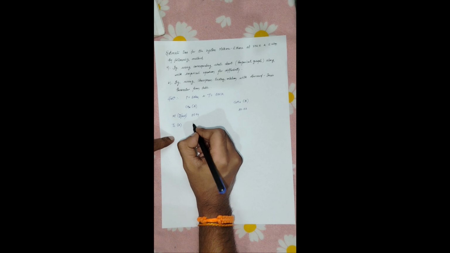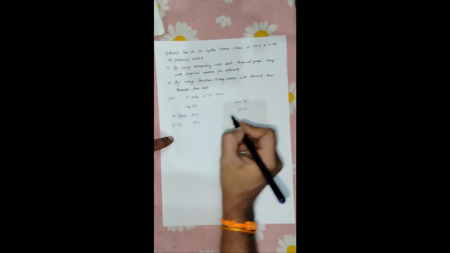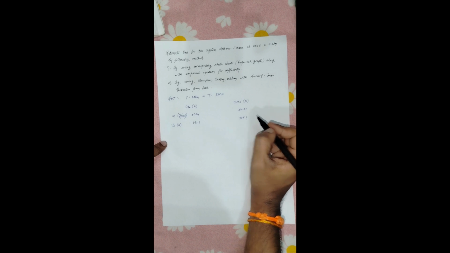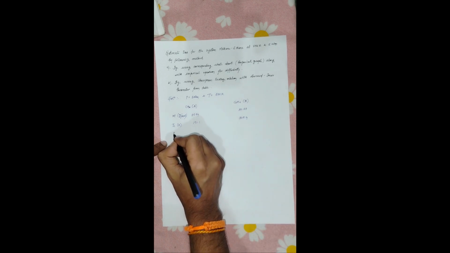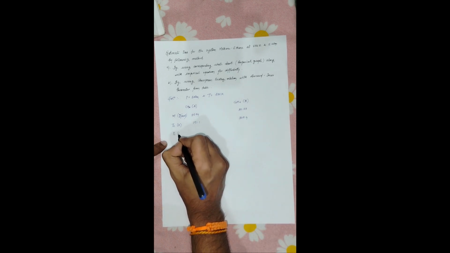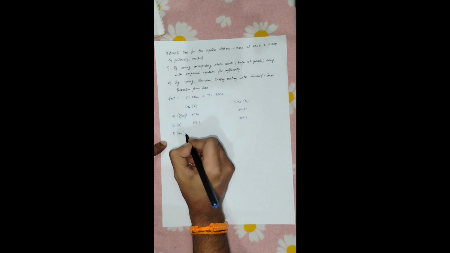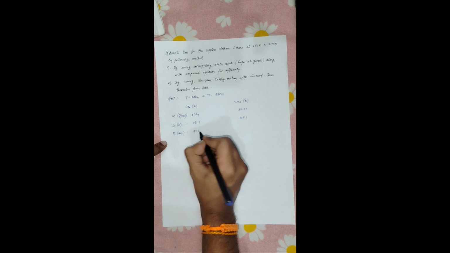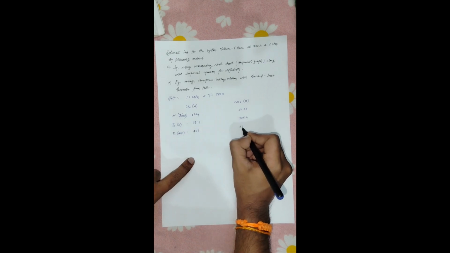For methane, it is 191.1 Kelvin, and for ethane, it is 305.4. And the critical pressures are 45.8 and 48.2 atm. This is the required data for the estimation of diffusivity.